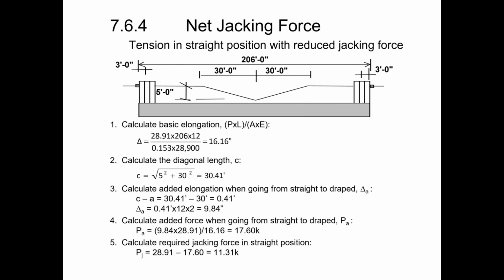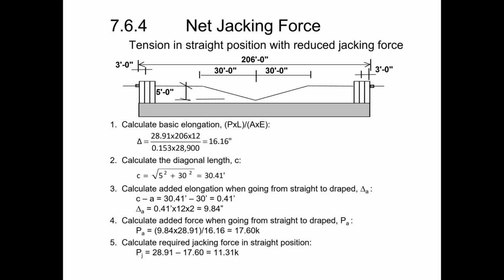We can't combine bed length in feet with area in square inches. We have to have our bed length in inches so that it matches up with our area in square inches. We can't have our force in kips and then our modulus of elasticity in pounds per square inch. We need to be consistent in both our force unit and our length unit.